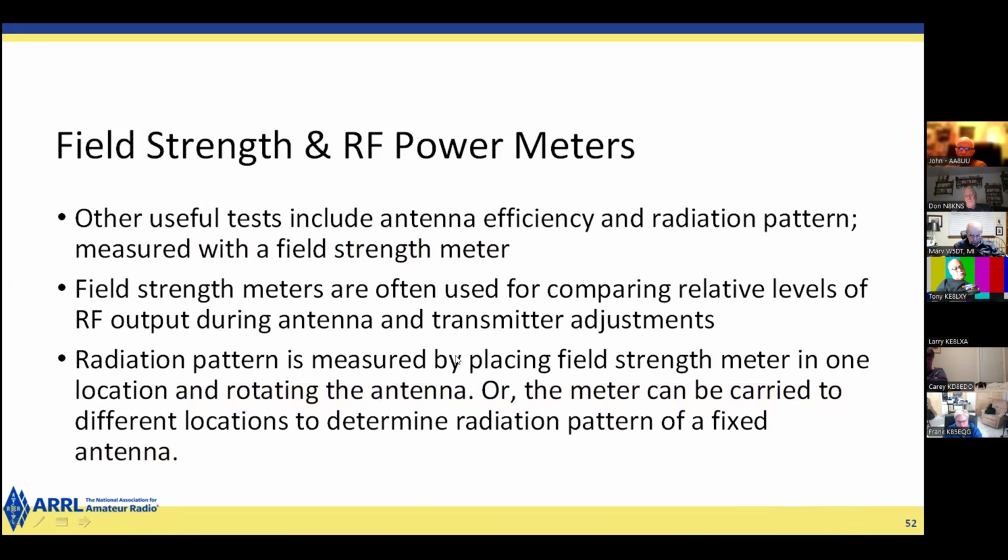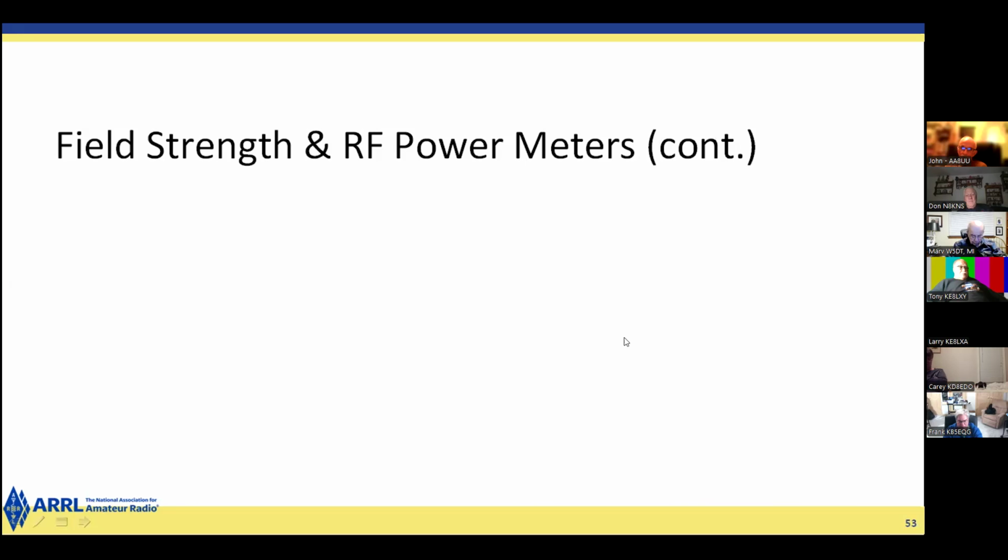Radiation pattern is measured by placing the field strength meter in one location and rotating the antenna, or the meter can be carried to different locations to determine the radiation pattern of a fixed antenna. I've got a cheap field strength meter, and it's just relative. If you get a calibrated field strength meter, you're talking some bucks now.